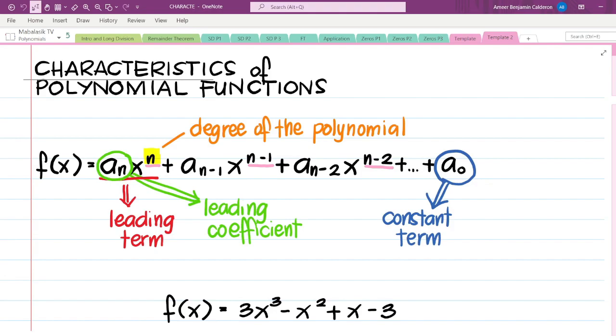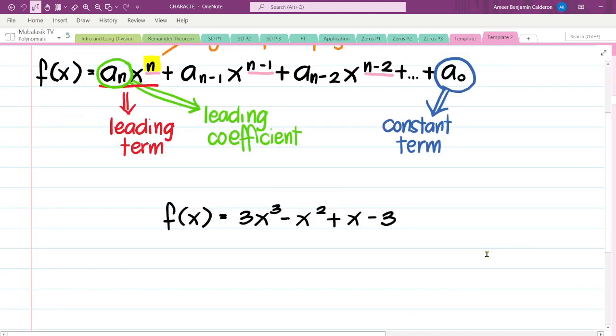Now, given this polynomial, let us identify its characteristics. Firstly, what is the degree of this polynomial? To identify the degree, we should check first if it is in standard form. How do we know if it is in standard form? If it is in decreasing order of exponent.